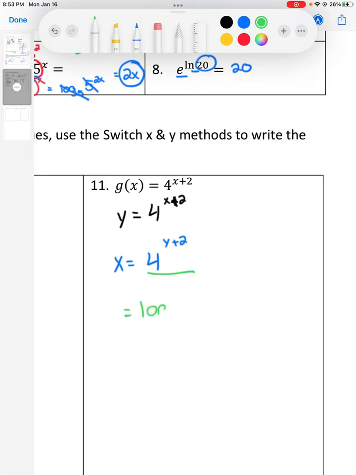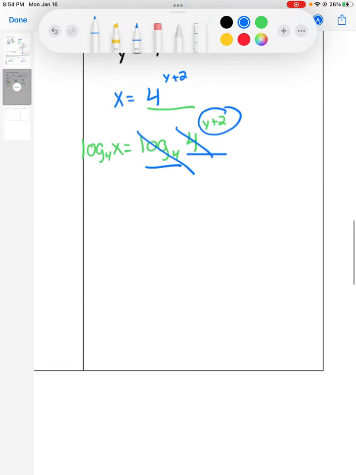Well, we're going to have log base 4. That means I need to take the log of the other side. Okay, because we have an exponent and a logarithm, they're going to cancel out. So that's all we're left with on one side. So we bring this down. We have log base 4 of x equals y plus 2.